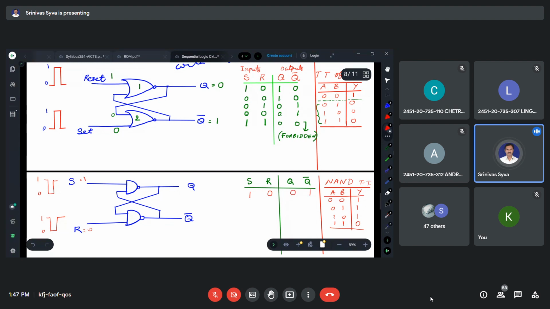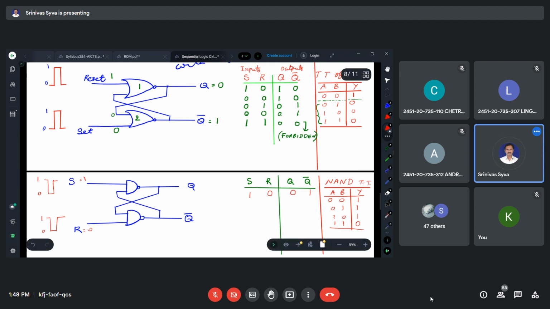Yeah, 1. You can verify this one. Suppose if one of the inputs is... how can we decide? If any one of the inputs is 0, then the output will be 1.